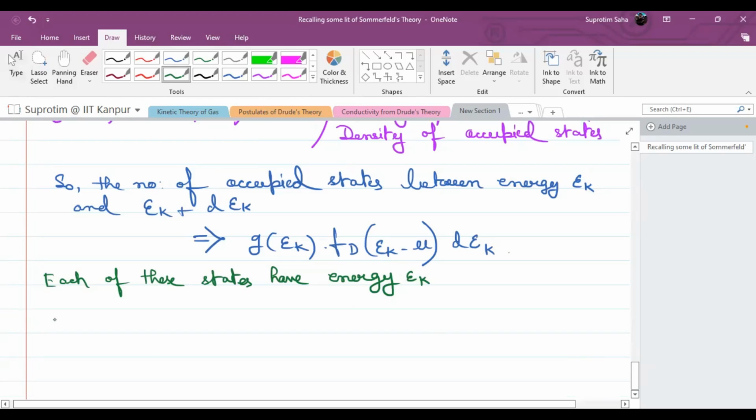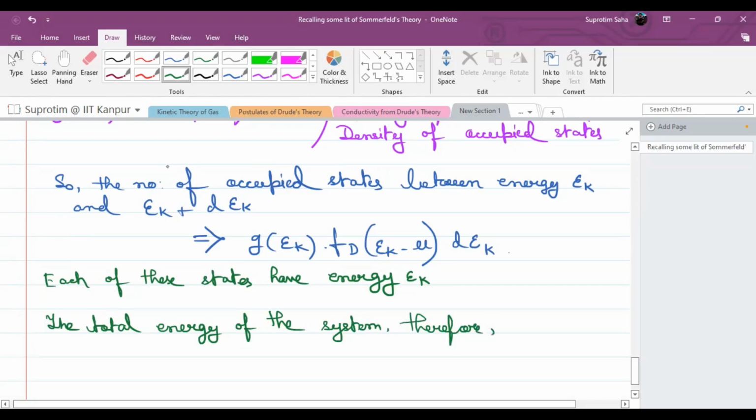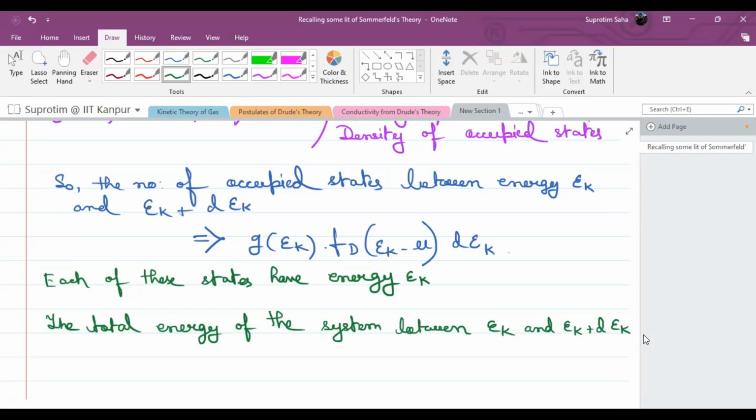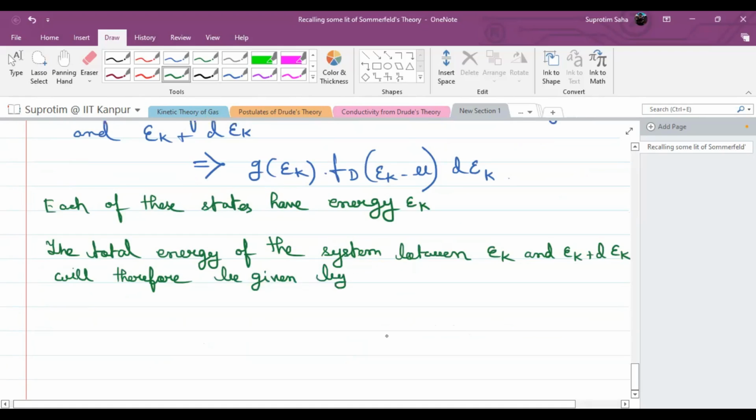The total energy of the system, therefore, between Ek and Ek plus d of Ek will be given by Ek times the number of energy levels, g of Ek times Fermi-Dirac of Ek minus mu times d of Ek.